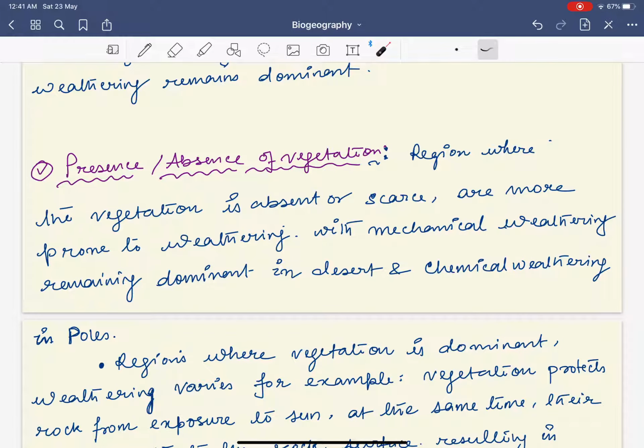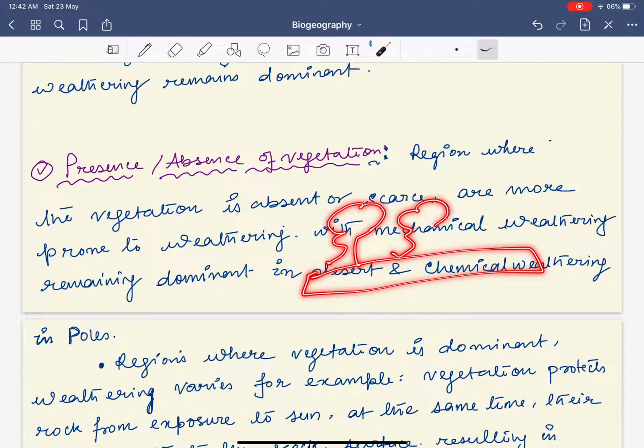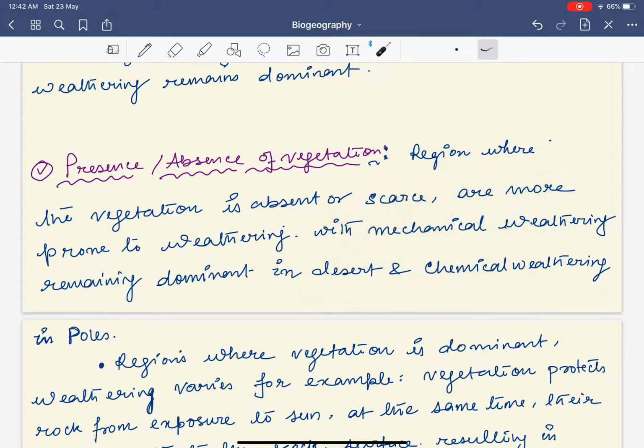Next, presence and absence of vegetation. Now this is very easy. Most of you would have the common idea that wherever there is vegetation, let's say trees, they interfere with the activity of the rainfall, meaning they block the rainfall, and hence there is less weathering. Let's read the statement.